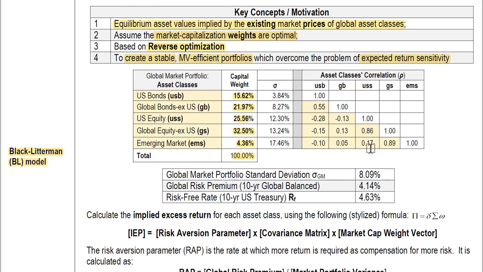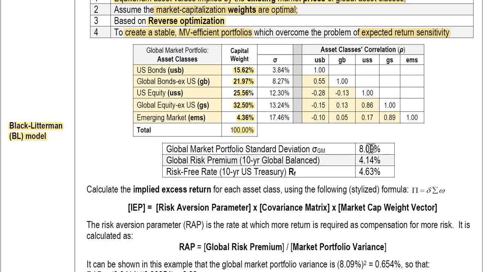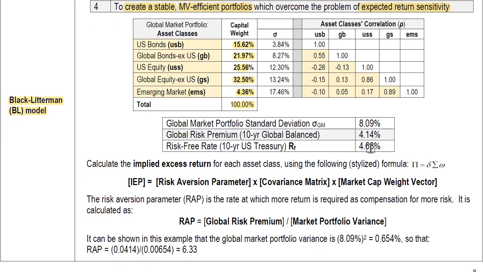Now next, how do we use the Black-Litterman model to calculate the expected return of each asset class? Our goal is to define the expected return, because expected return is the required return. Then we can use that to do many other things, for example, to calculate the optimal weight of the portfolio.